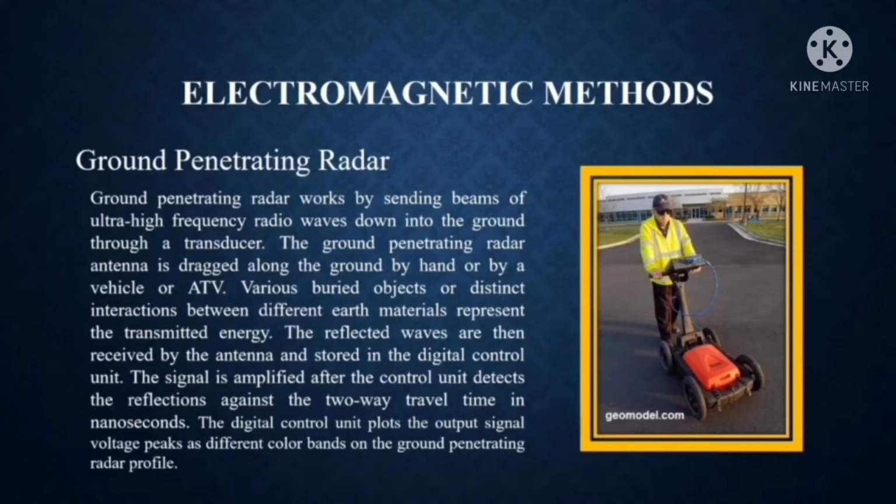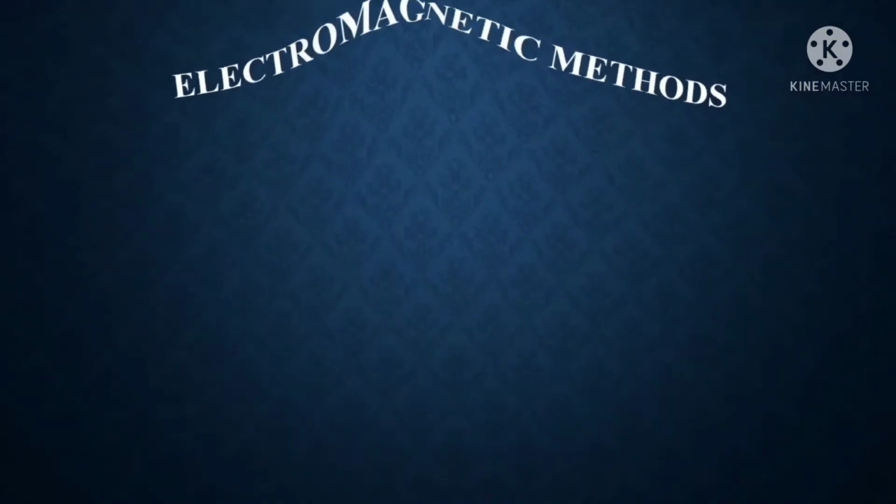The reflected waves are then received by the antenna and stored in a digital control unit. The signal is amplified after the control unit detects the reflection against the two-way travel time in nanoseconds. The digital control unit plots the output signal voltage and picks different color bands in the ground penetrating radar profile.